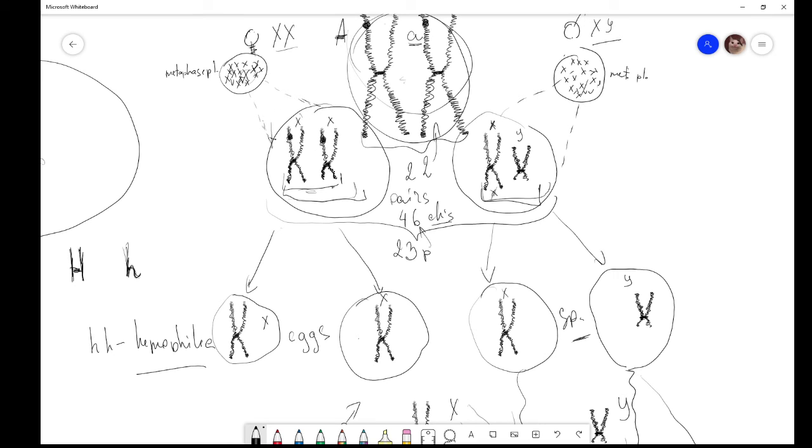This woman doesn't have this disease, but she has a recessive allele of this gene. This man, her husband, doesn't have this disease. And as I said, this is only an X-linked gene. In the Y chromosome we have no such gene.